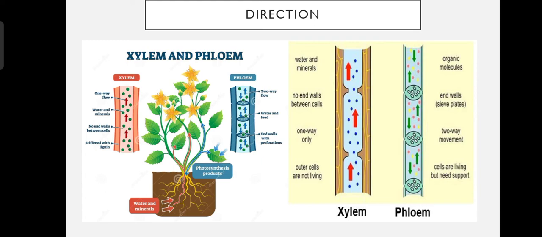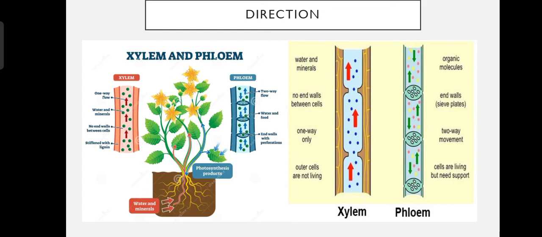Xylem tissues transport water and minerals from roots to whole parts of the plant. One way transportation only, means they transfer from root to whole part. They don't return back.